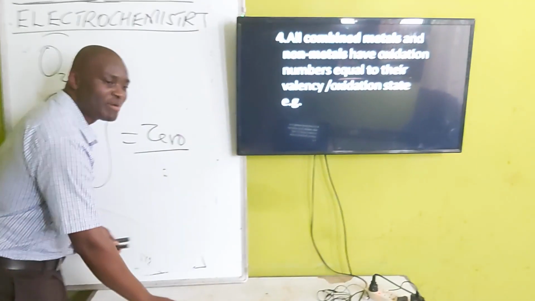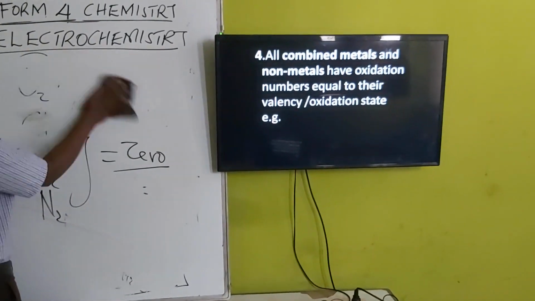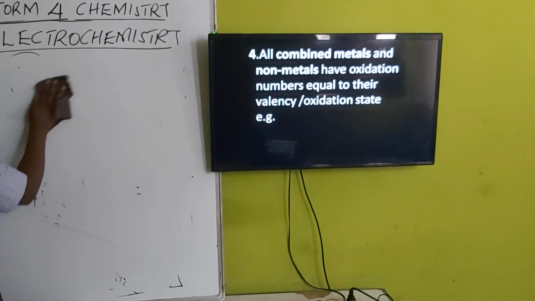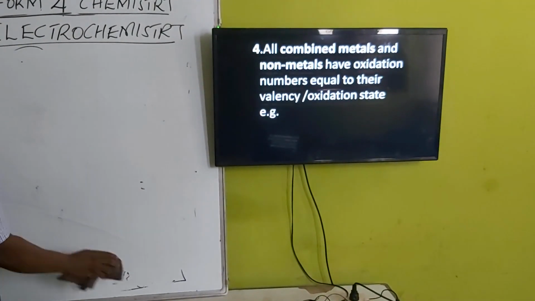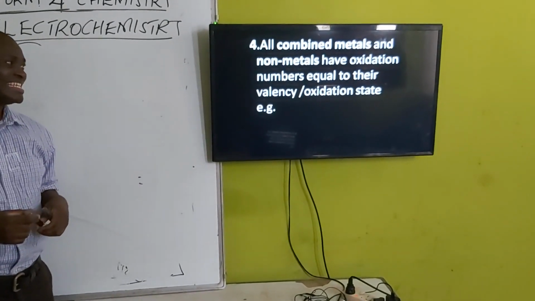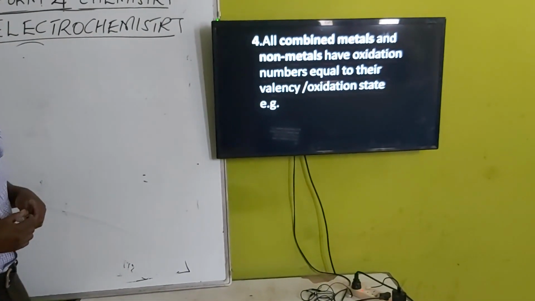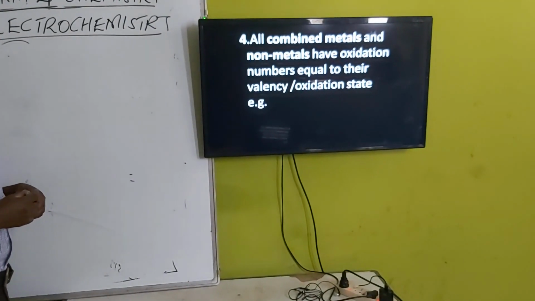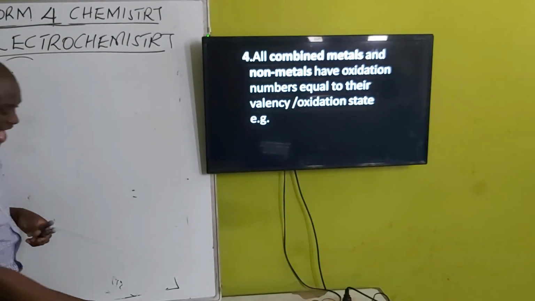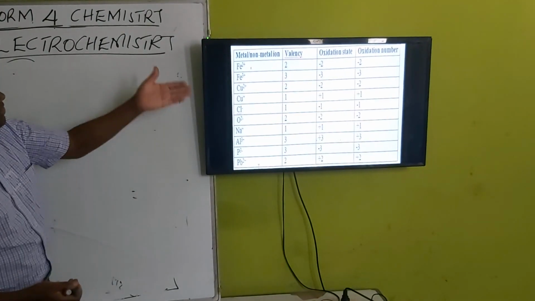When we move to rule number 4, all combined metals and nonmetals have oxidation numbers equal to their valency or oxidation state. Let's look at this table.